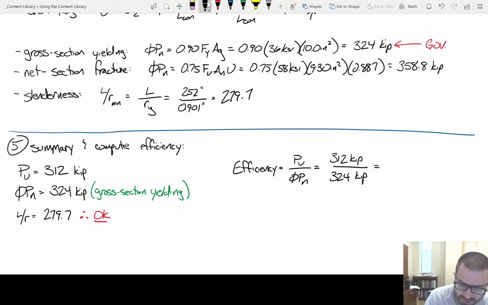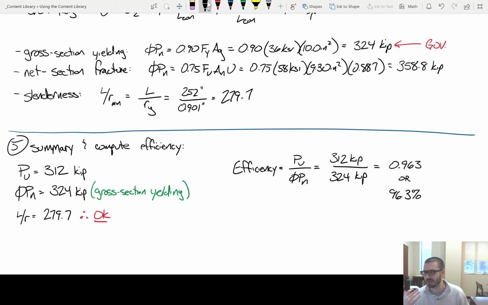Well, when you chug that out, you're going to get something like 0.963, or 96.3%. 96.3% is certainly good enough. So much so that if you picked the next one down, more often than not, that member's not going to work. For this course, if that efficiency rating is ever 90% or higher, you can go with that member, and that's going to be completely fine. And most practicing steel designers are going to do the same thing.